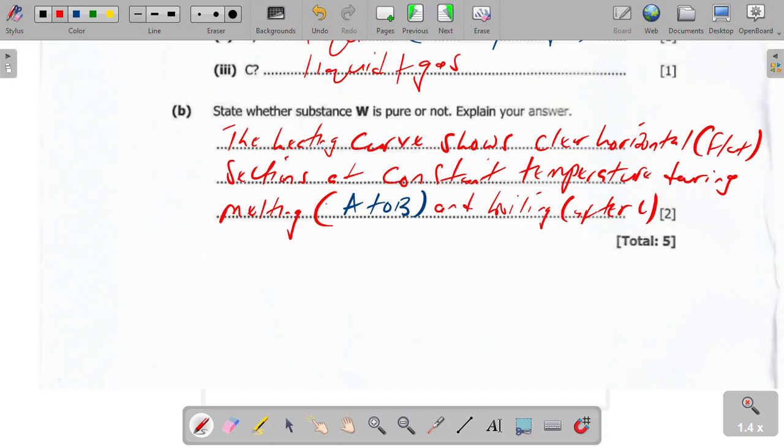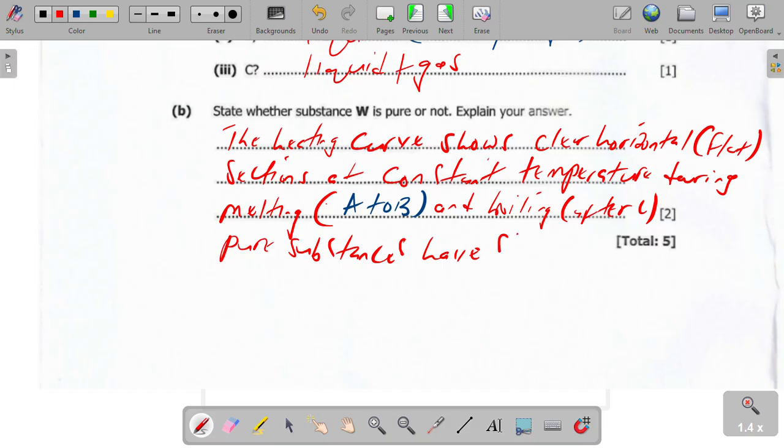Pure substances have sharp melting and boiling points. So you can add your last point here. You can say pure substances have what?